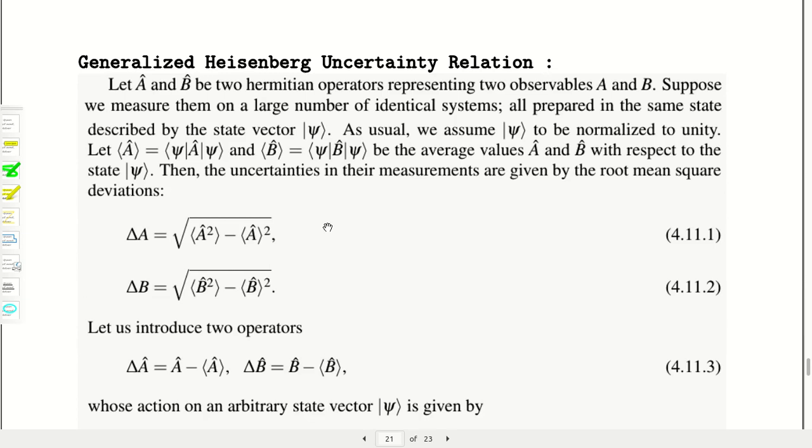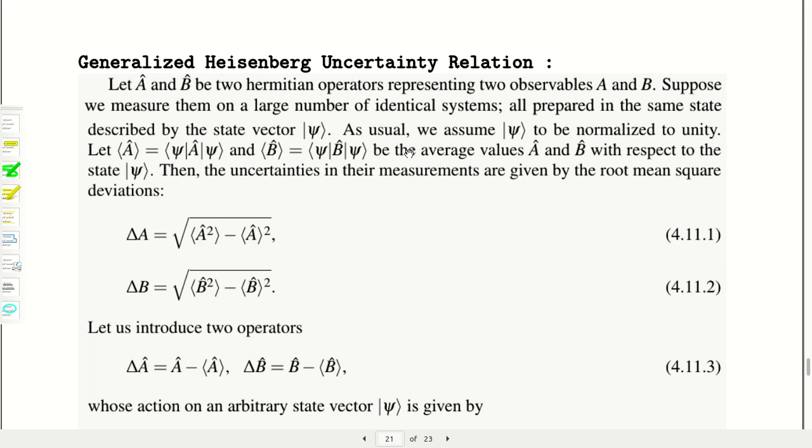Now the last topic of this discussion is the generalized Heisenberg uncertainty relation. What we have studied here, the different operators, expectation values, and the commutation relation in quantum mechanics, all boils down to this generalized Heisenberg uncertainty principle proof.